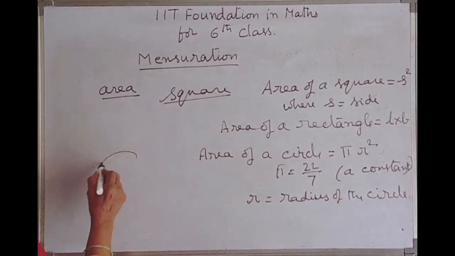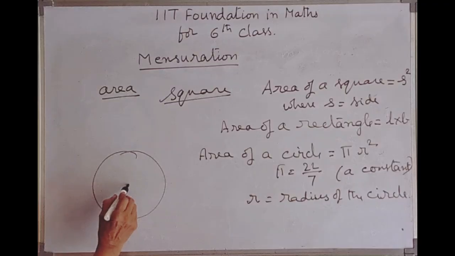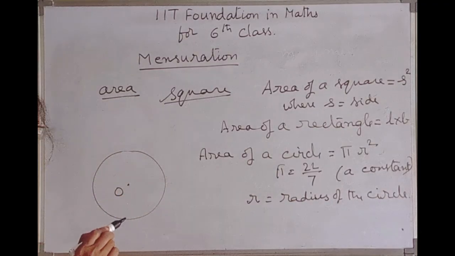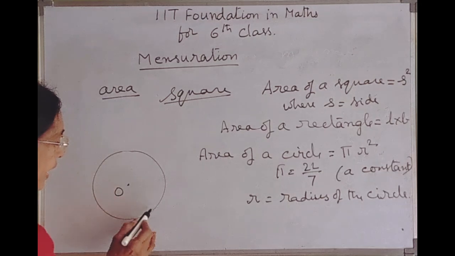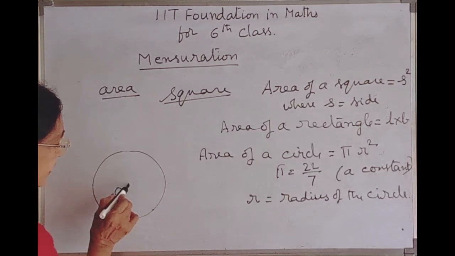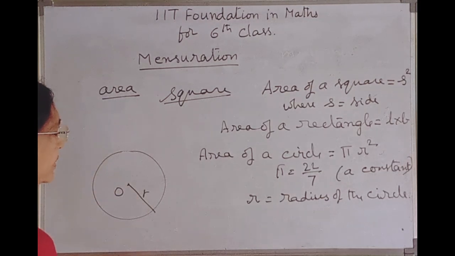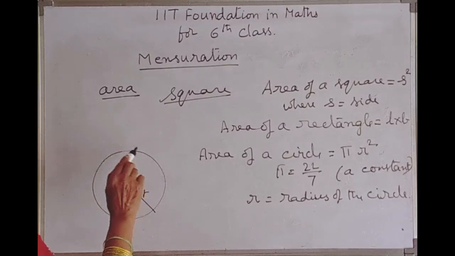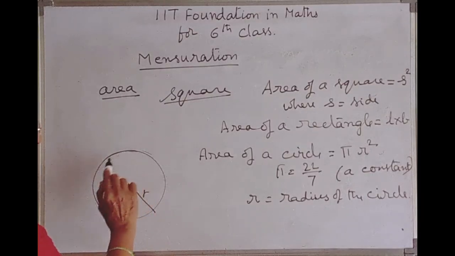So if this is a circle and it has a center O, the distance between the center and any point on the circle is called the radius, and the length of this circumference, this line, is called the circumference.